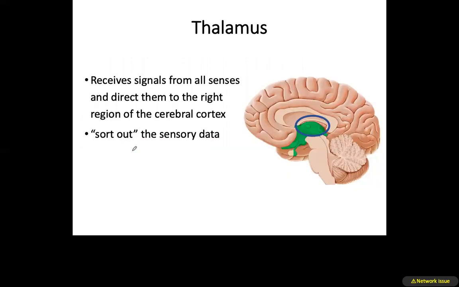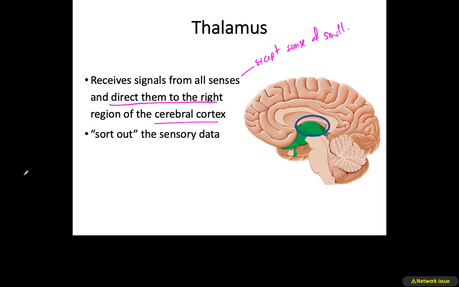Now, what is the importance of the thalamus? The thalamus is important in terms of receiving data from all of your senses, and there is an exception, so make the exception, except your sense of smell. And what it does, after receiving the data, is direct them to the region of the cerebral cortex.